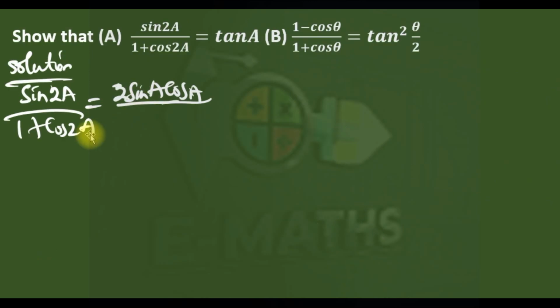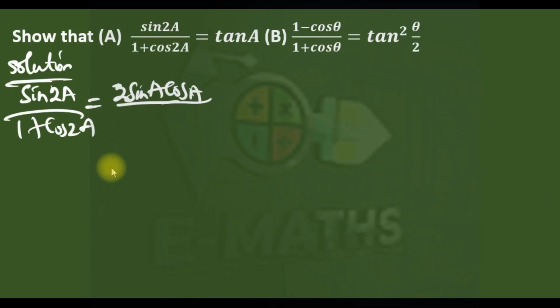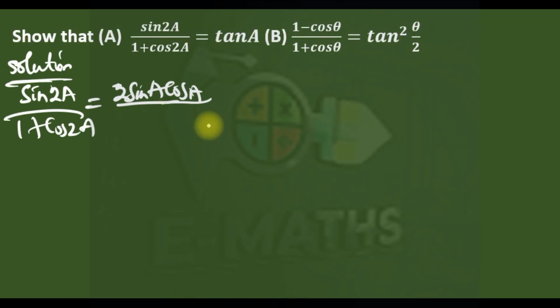So coming to 1 plus cos 2a, if you look back here, I have that cos 2a is equal to 2 cos squared a minus 1. Let me just write. If you see, I'm saying that I want to use only cos down here.